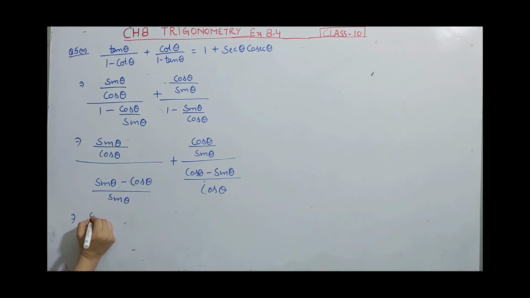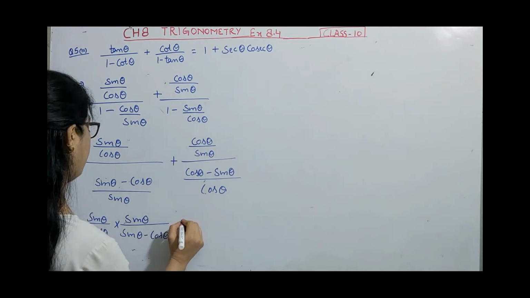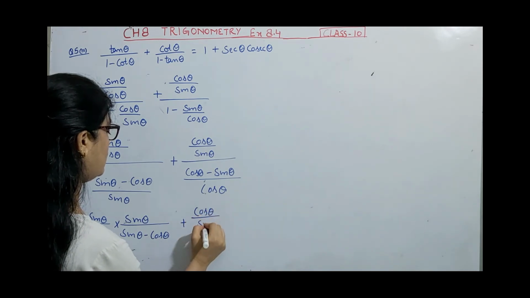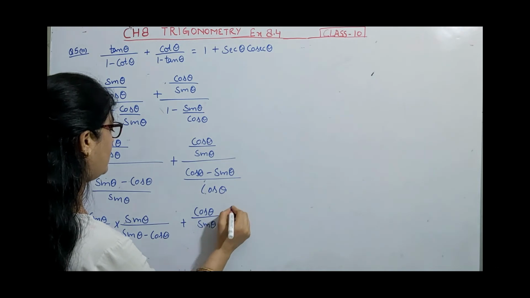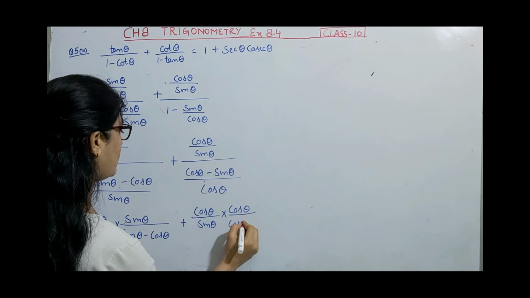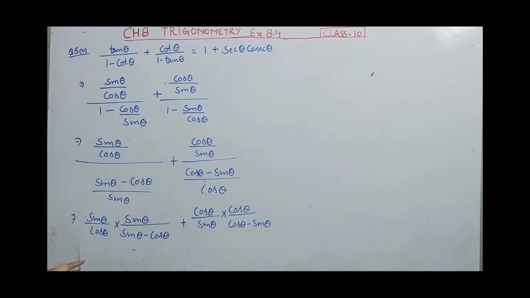It becomes sin theta by cos theta. It goes reciprocal: sin theta divided by sin theta minus cos theta, plus cos theta divided by sin theta into cos theta minus sin theta.